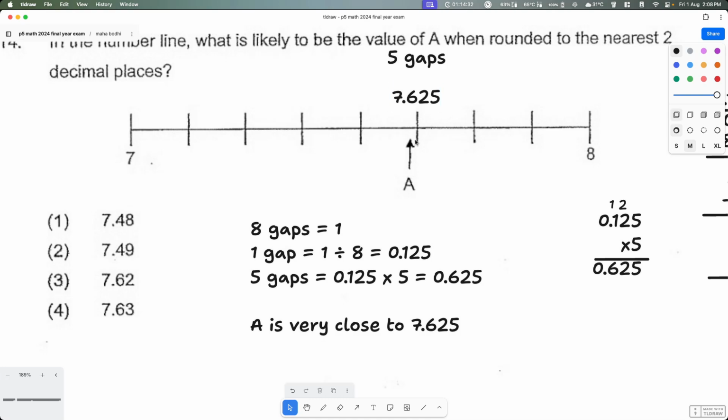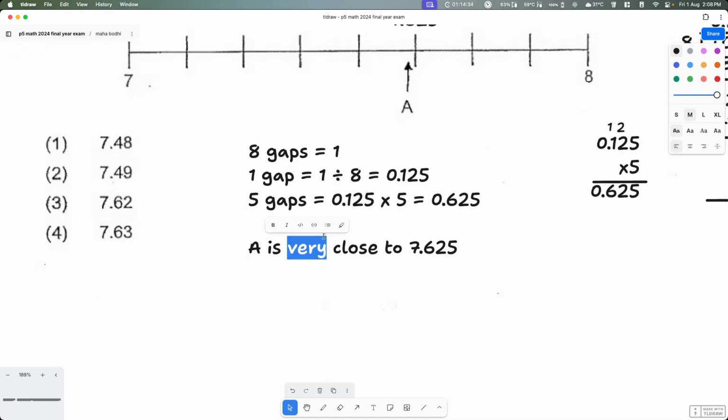It's at a point. So if it's before, so A is before the number 7.625. So that means A is not 7.625, right? So that means it will be around like 4 like that. So A is not 7.625.